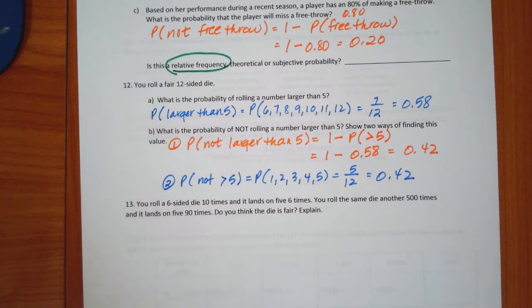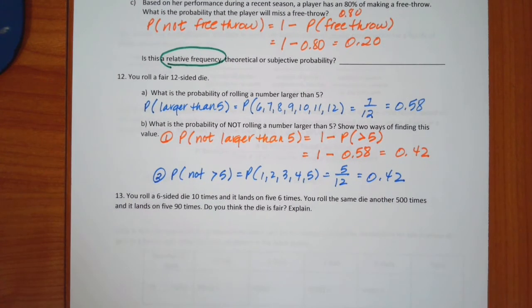Okay. All right, so let's see. You roll a 6-sided die 10 times and it lands on a 5 6 times. You roll the same die another 500 times and it lands on a 5 90 times. Do you think the die is fair? Okay, well let's look at the relative frequency.